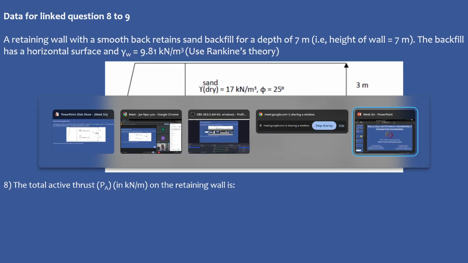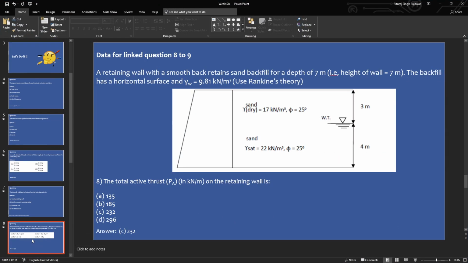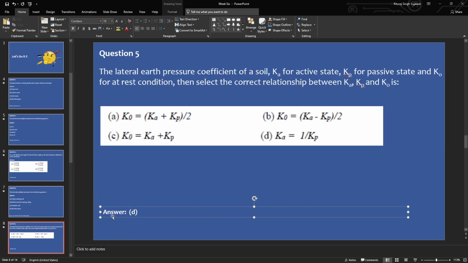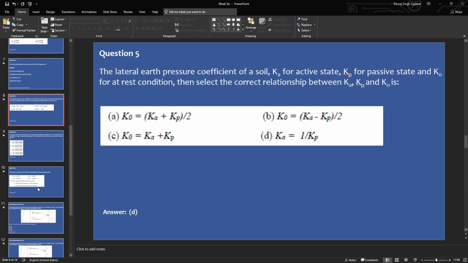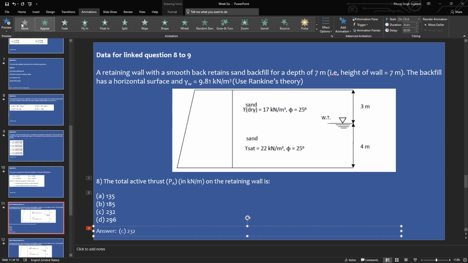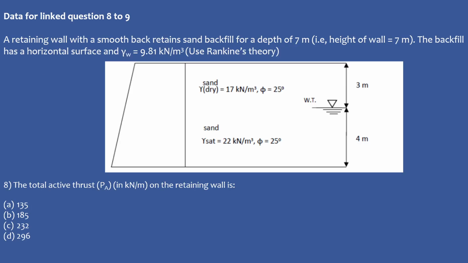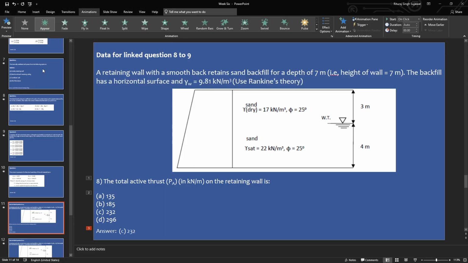Let me check question number 7. So these are the 4 options. You need to calculate the total active thrust acting on the retaining wall.